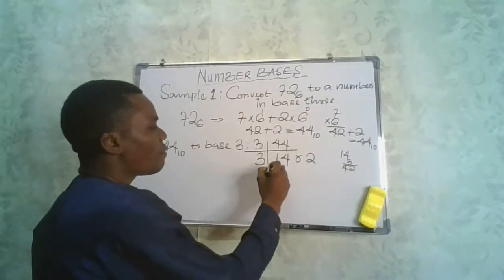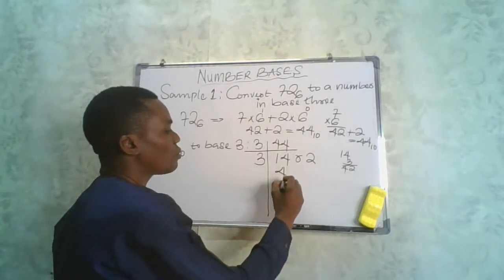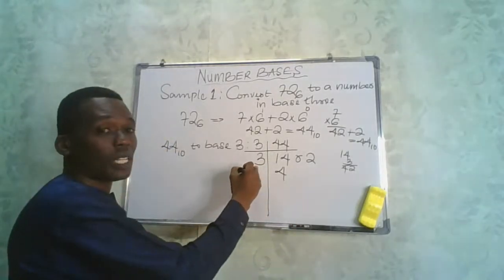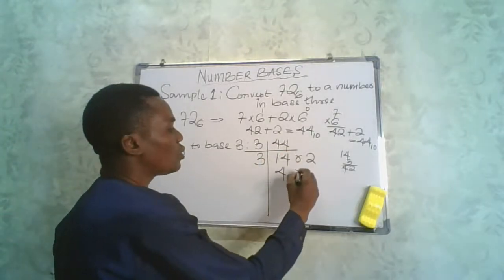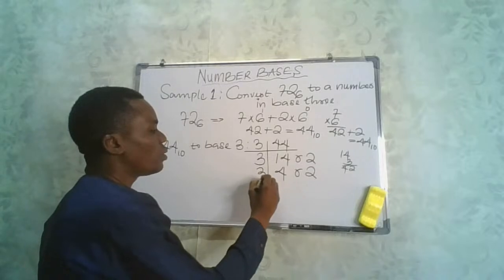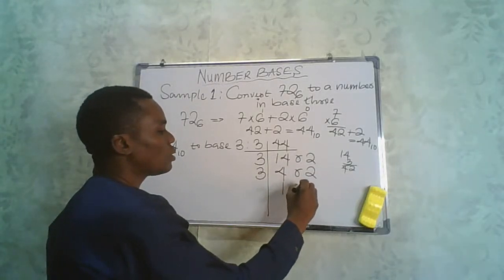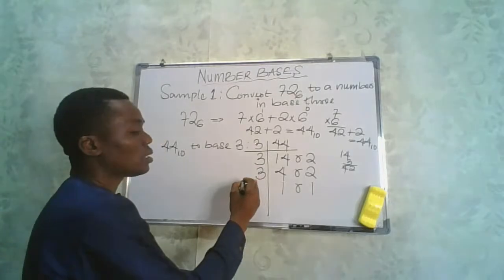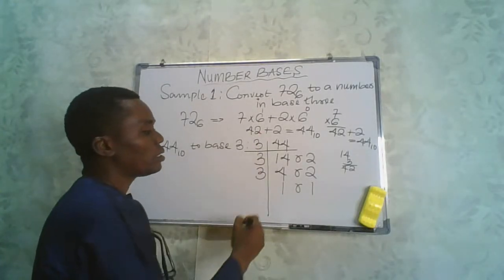So we're going to have 14 divided by 3. 14 divided by 3 will give us 4, because 4 times 3 is 12. So 14 minus 12 leaves a remainder of 2. 4 divided by 3 is going to give us 1, because 3 times 1 is 3, and 4 minus 3 is 1.